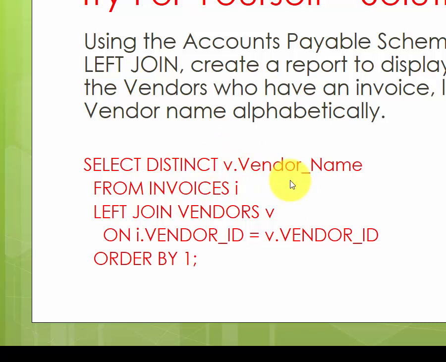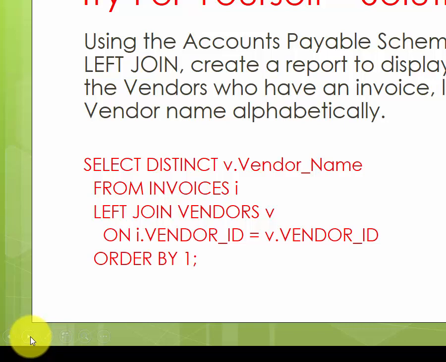Maybe you are going to send out another coupon to your vendors that says if you pay in 30 days you want a discount or something like that. This will give you that list of invoices. It doesn't tell you right now whether they're active or inactive, but this distinct will clean that up a little bit.